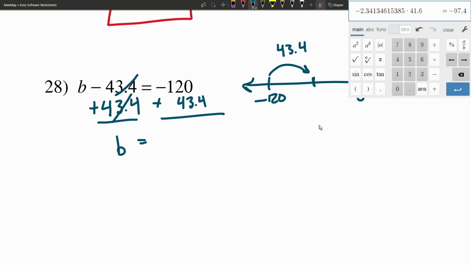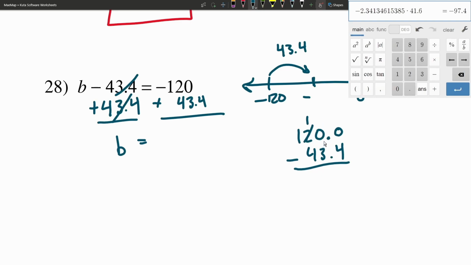So let's go ahead and do this one on our piece of paper as opposed to using a calculator. So I'm going to have 120. I'm going to write it as a positive, and I'm going to subtract the 43.4. So I'm just going to flip my signs, making this a positive and subtracting this. And that's going to tell me where I'm going to land in my negatives. I know this number is negative because 43.4 is not a larger distance than 120 is. But in order to subtract 43.4, I'm going to have to put a placeholder decimal. Can't subtract 4 from 0, can't subtract 3 from 0, so I'm going to go ahead and borrow from this 2.